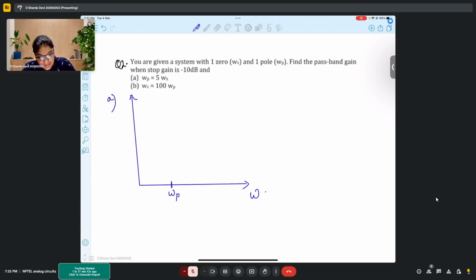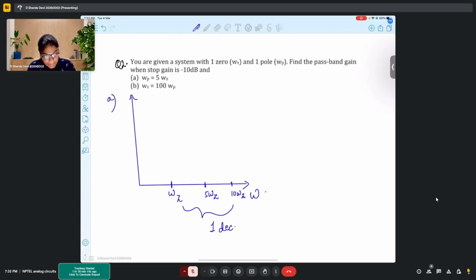If this is omega Z, then this is 5 times omega Z, and this is 10 times omega Z. 10 times omega Z means 1 decade, right? And keep in mind that the Bode plots we were plotting were based on decade scale. So this is 1 decade.